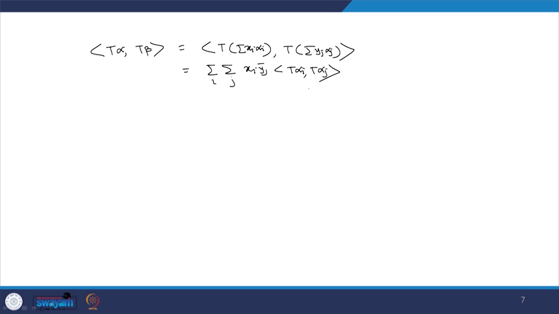So, this is equal to again sigma xi yj bar delta ij, because T alpha i, T alpha j are also orthonormal. So, it will be delta ij.